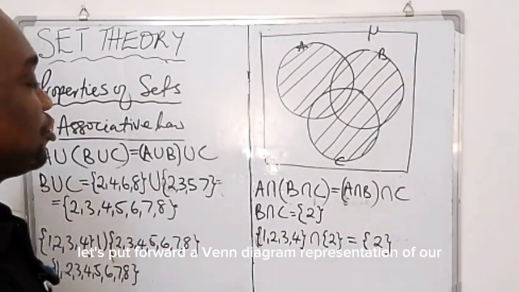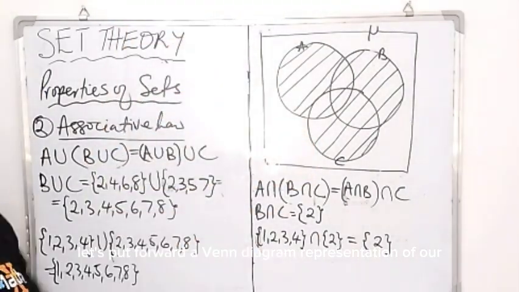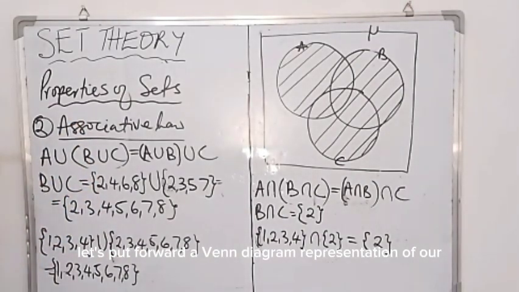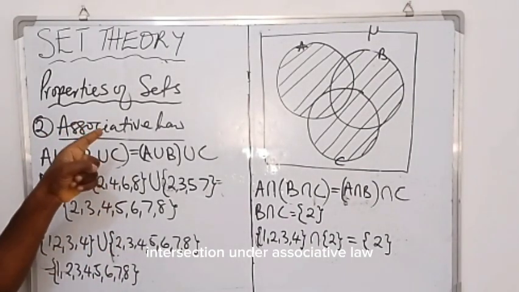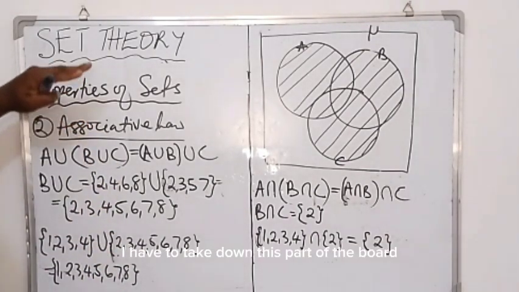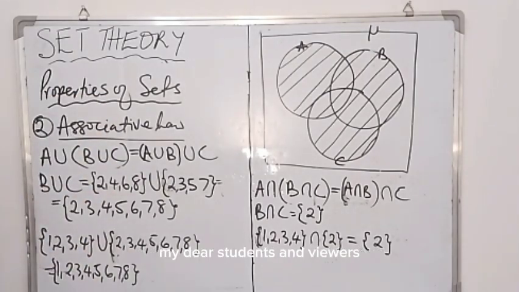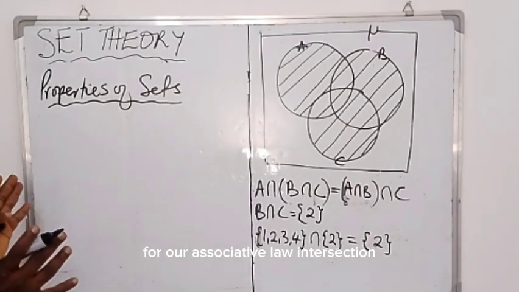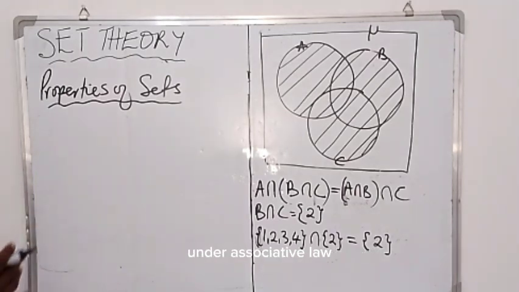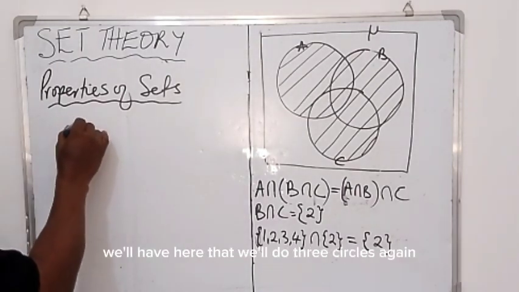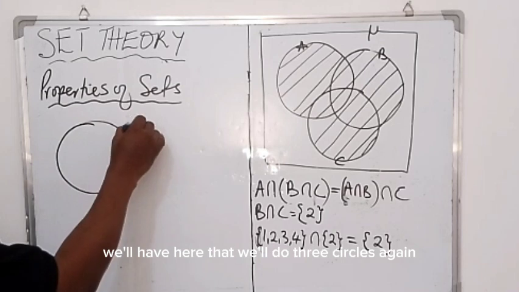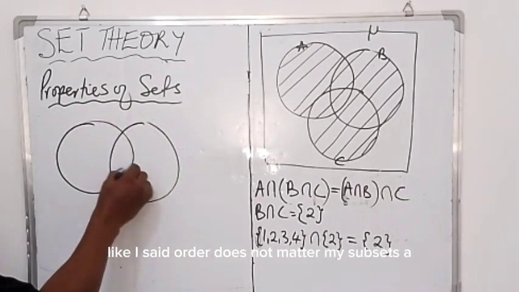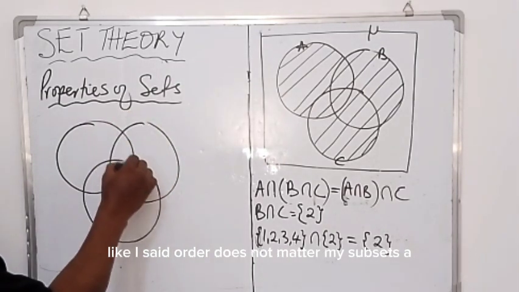Then let's put forward a Venn diagram representation of our intersection under associative law. I have to take down this part of the board, my dear students and viewers. For intersection under associative law, we'll do 3 circles again. Like I said, order does not matter.